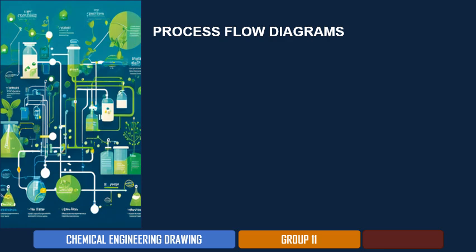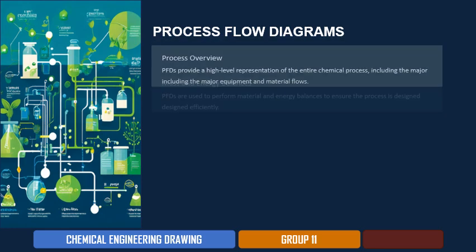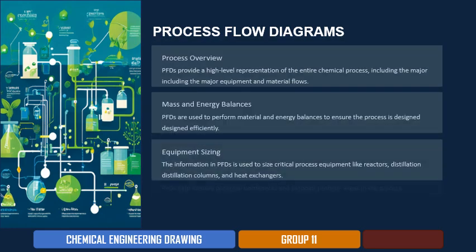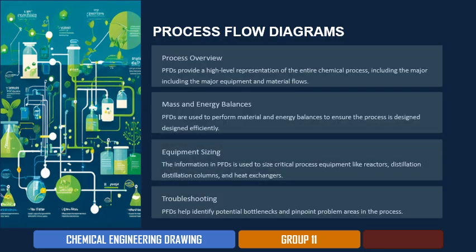Unlike process flow diagrams, where the level of detail is much lower, such that non-engineering professionals can understand. So basically, I've explained the P&IDs and the process flow diagrams. So let's move on.